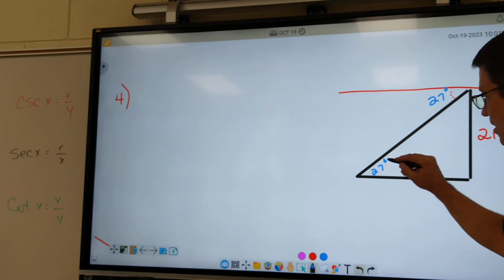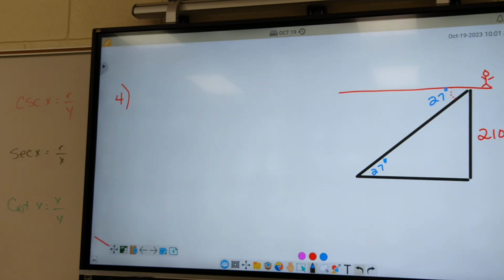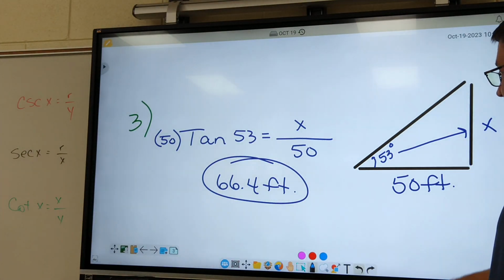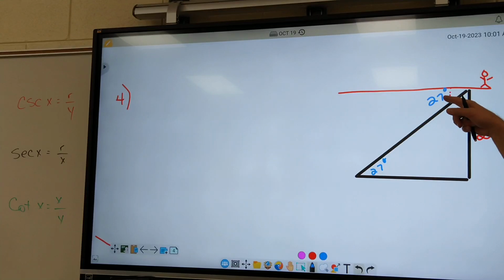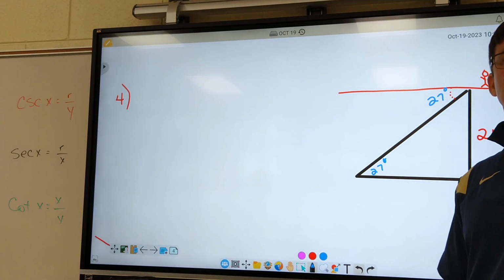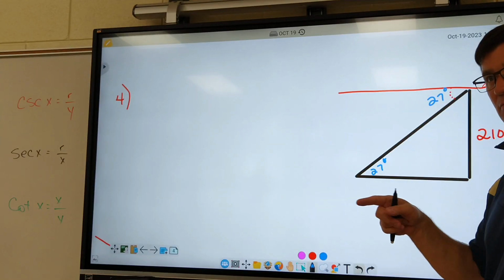You guys probably remember it. But those two angles are equal. If that was 27 and that was 27. So here's the bottom line. Number 3 talked about angle of elevation. It was the bottom angle. Number 4 talks about angle of depression. It's going to end up being the bottom angle anyway. So if it says angle of depression or angle of elevation, either one, it's going to be this bottom angle every time. We good?